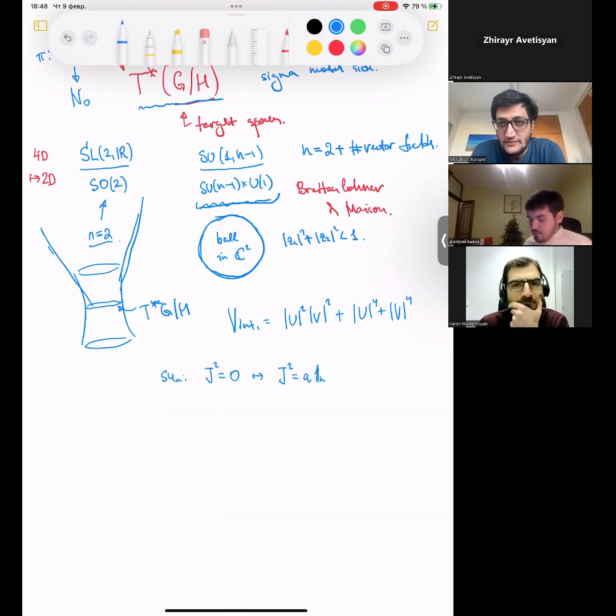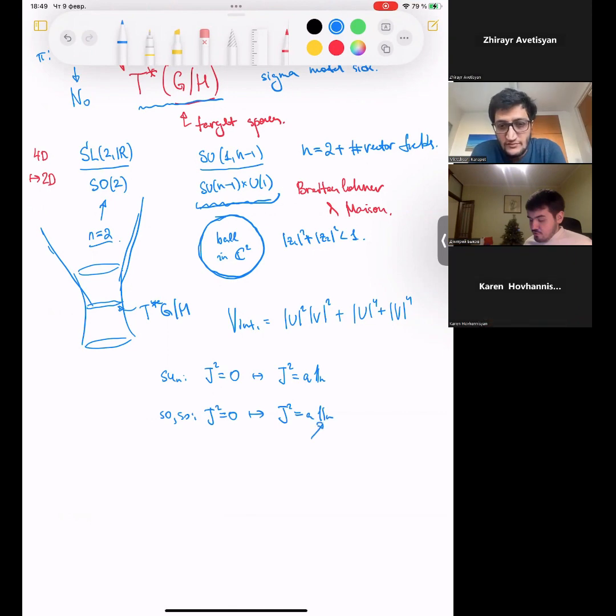Yes, this is the statement. But in SO and SP cases, say you have j squared equals 0, but you cannot say that j squared equals a, because this just does not happen for these algebras.